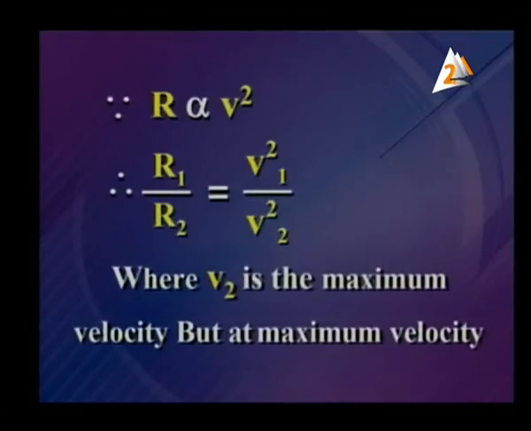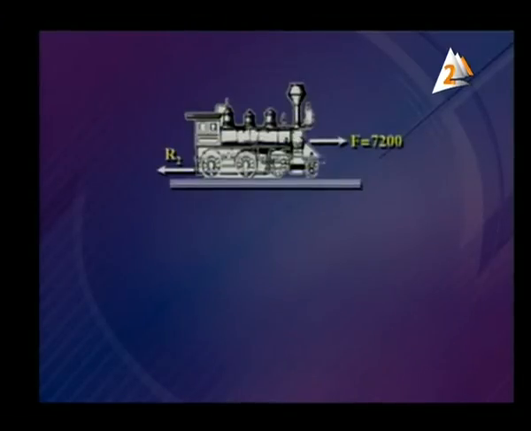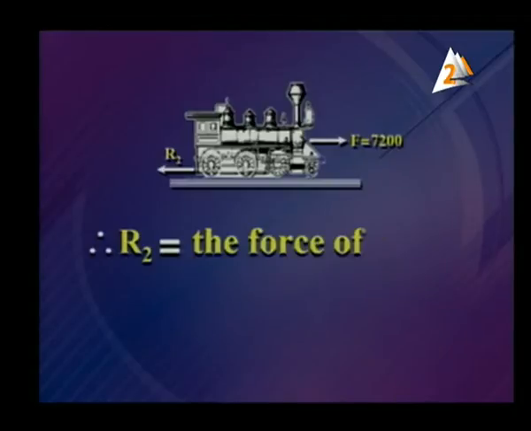Then, as you know, V2 is the maximum velocity, but at maximum velocity the train will move with a force 7,200 to the right, and the resistance to the left is R2. Then R2 equals the force of the engine.